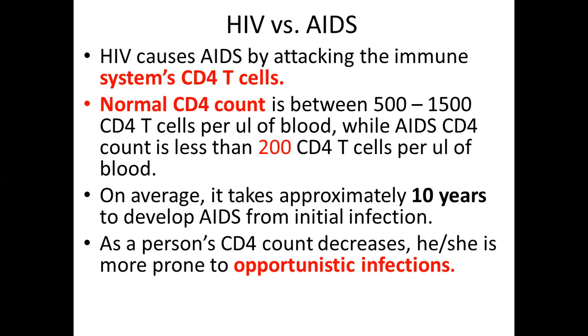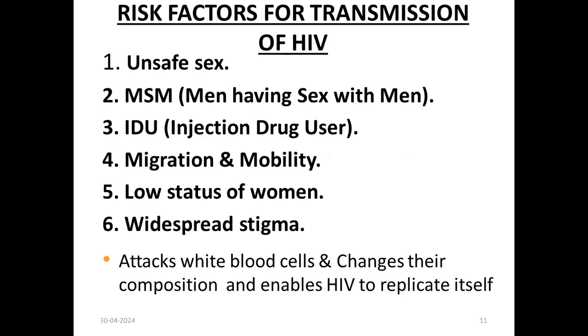As a patient deteriorates and immunodeficiency develops, the CD4 count slowly decreases. You will label the patient as a sure case of AIDS when the CD4 count falls to 200, and the person becomes more prone to opportunistic infections.